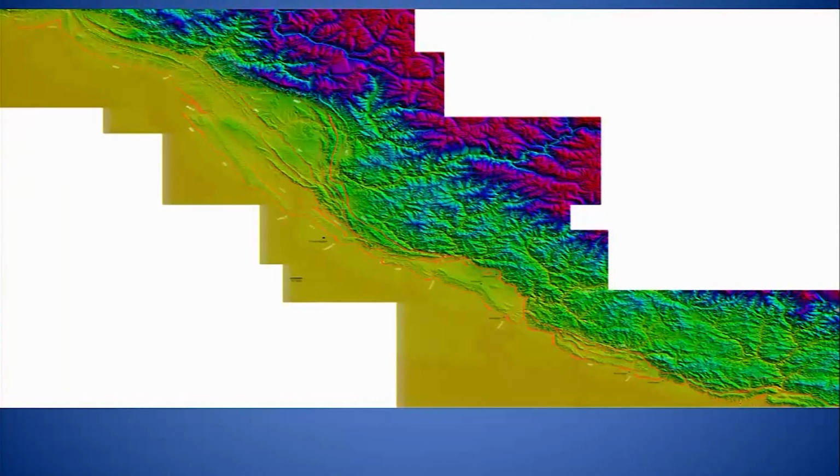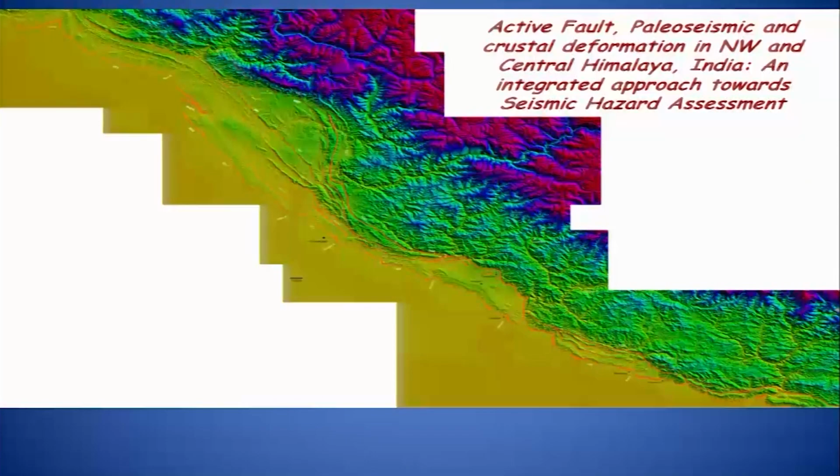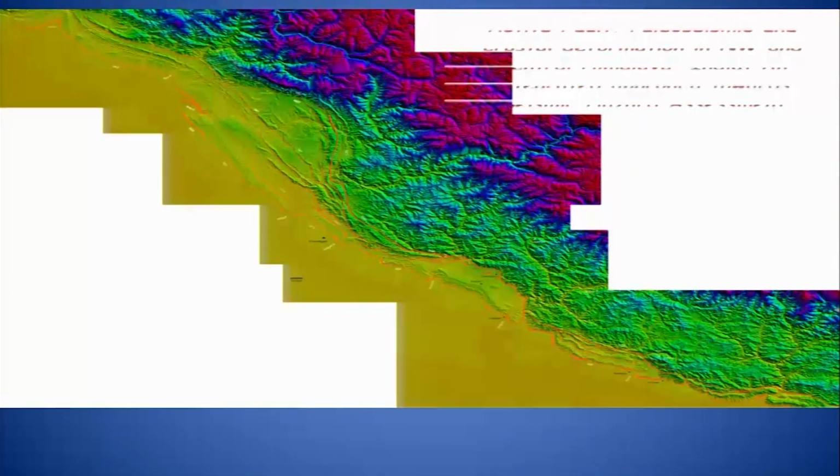This is the area between Nepal, which goes right up to Jammu in the northwest. The idea is to study the active faults, paleoseismic and crustal deformation in northwest and central Himalaya with an integrated approach towards seismic hazard assessment.